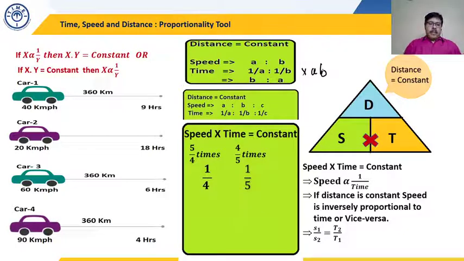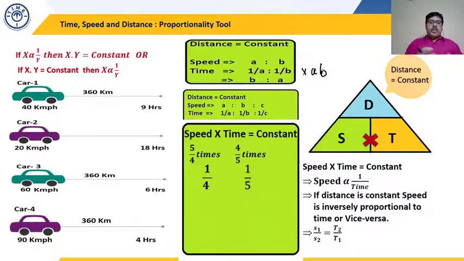So can I say that 5 by 4 times is equivalent to an increase by 1 by 4, because 5 by 4 is 1 plus 1 by 4. So increase by 1 by 4, and your time taken is 4 by 5 time, which is 1 minus 1 by 5, so it decreases by 1 by 5.